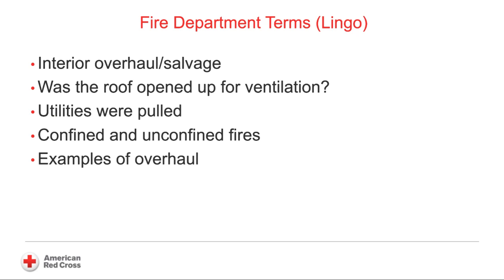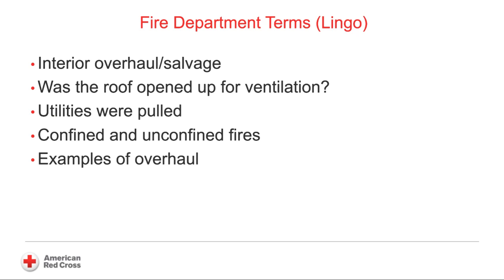One of the things we learned when talking to emergency officials is that there were certain terms that might be important for our workers to know that are a little different from what we understand. So we wanted to share some of those with you. First off is the overhaul or salvage.